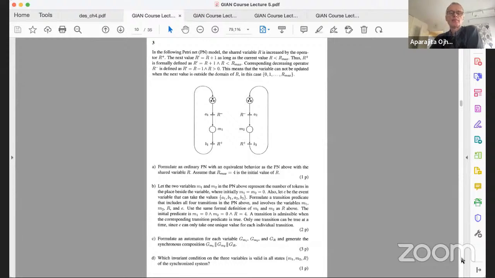In the next example here, I ask for the opposite, namely to generate a predicate description for this Petri-net with its resource variable R and the number of tokens in the places M1 and M2.